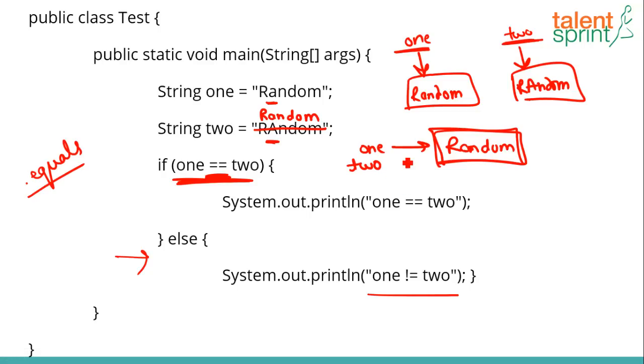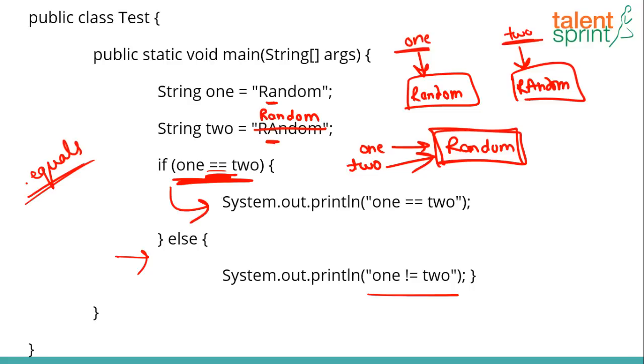So it by default assigns 2 to the same memory location, cache memory location, for the purpose of high performance, right? And that is where if you check if 1 double equals to 2, you get this output, correct? And again, if actually values would have been checked here, we would have used dot equals. But remember, if you are using double equal to, you are checking if both the references are pointing to the same location or not. Okay.